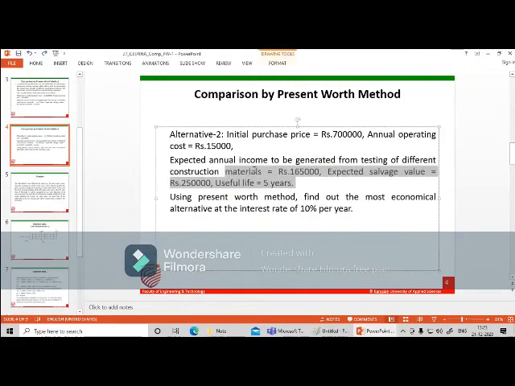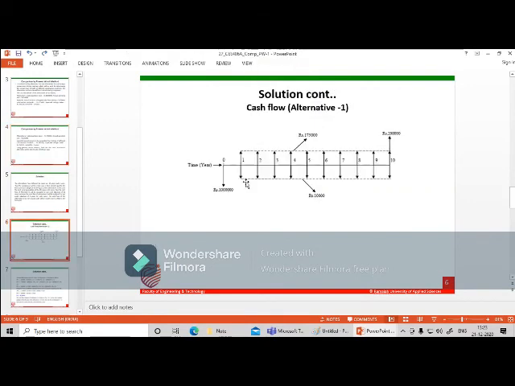But alternative 2 is 5 years, which is half of that. So for alternative 2, you have to draw the cash flow twice. For example, this is the cash flow for alternative 1. For 10 years, initially 10 lakhs, 10,000 every year, 1,75,000 every year, and 2 lakh is the salvage value. But alternative 2 is having only a useful life of 5 years.